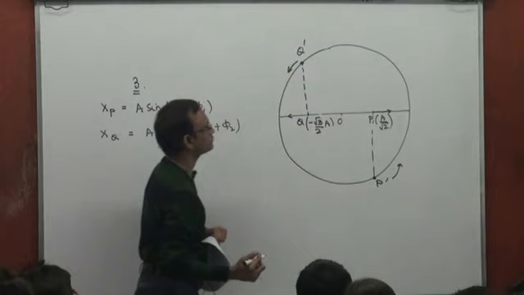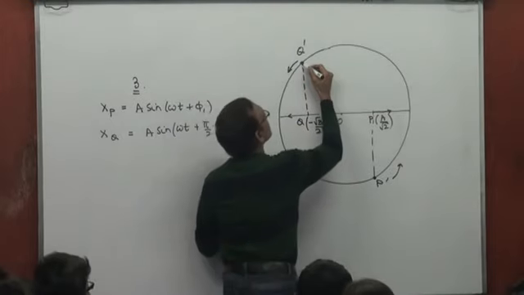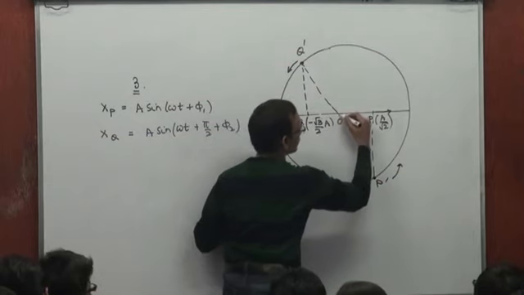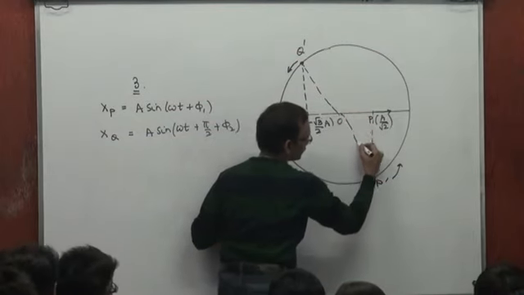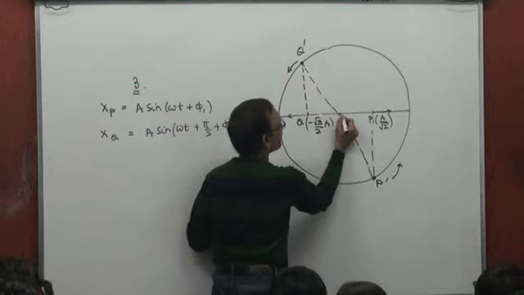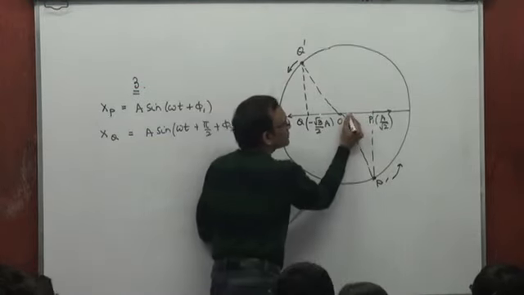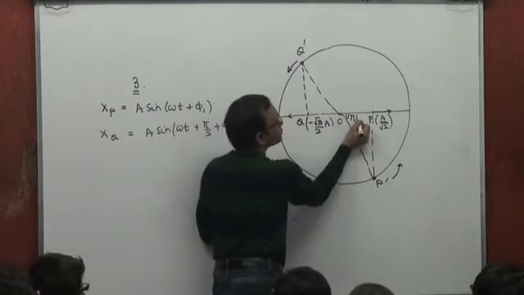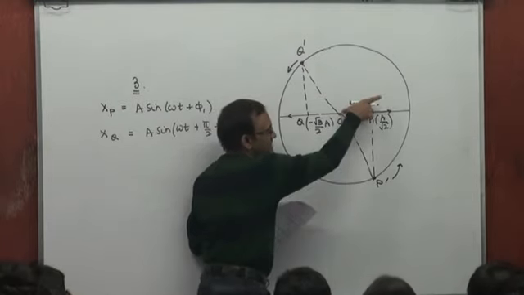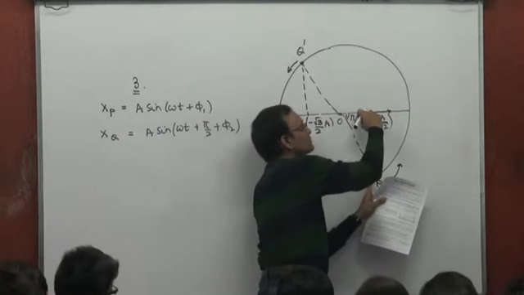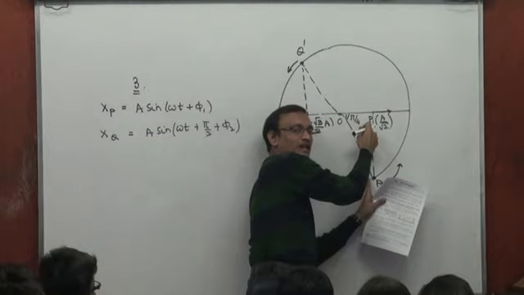Clear? Evidently, realize that this angle is pi by 4. Yes or no? Because this length is a by root 2 and OP is a. So cos of this angle is a by root 2 by a. So this angle is pi by 4.